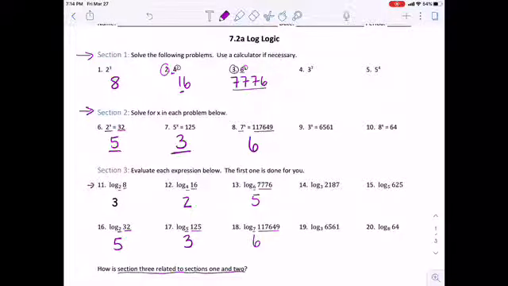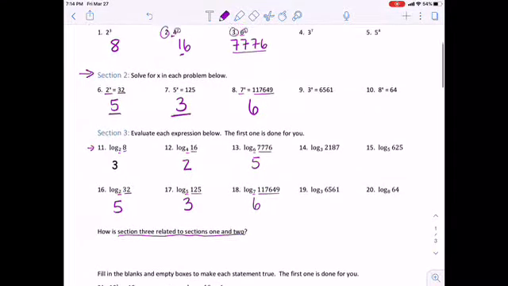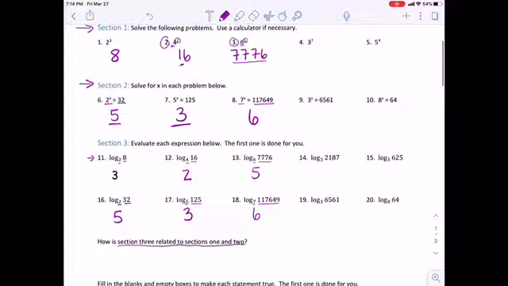So keeping that in mind, you should now be able to finish that section as well. So this next question, how is section 3 related to sections 1 and 2? Well, if you look at section 3, you'll notice that each of these answers we got was the exponent in the problem. So you're going to want to write down that the answer was the exponent.